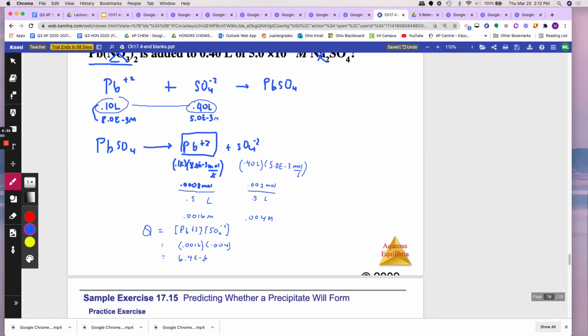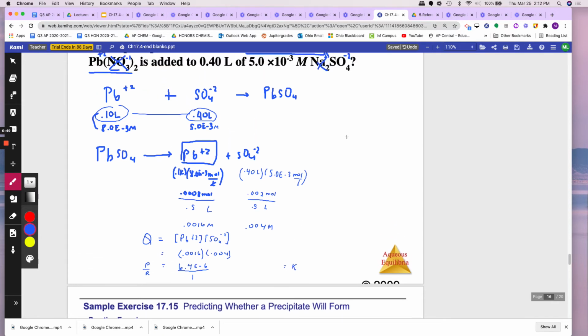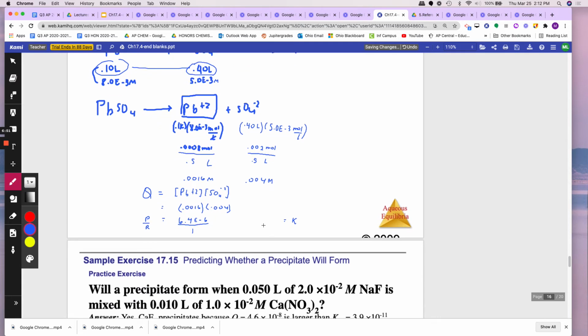Remember that Q is equal to products over reactants. This is a 1. Okay, now I'm going to compare that to K. What is K equal to? We looked that up earlier, 6.3 e negative 7. Products over reactants.